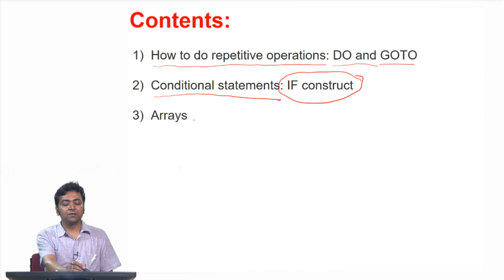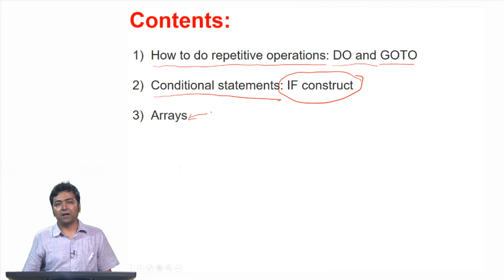And the third thing we will cover in this part is, suppose I have a large set of numbers which contains similar information. In order to store them, we need to reserve space, and also we need to have different variable names.